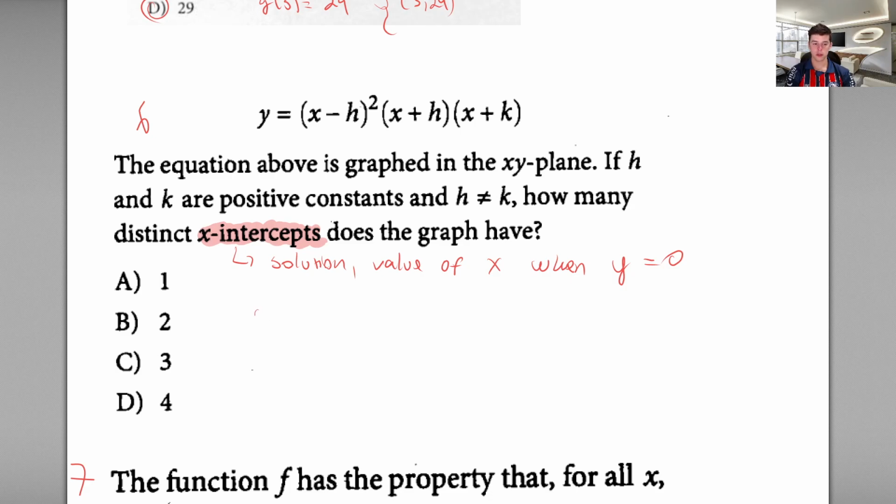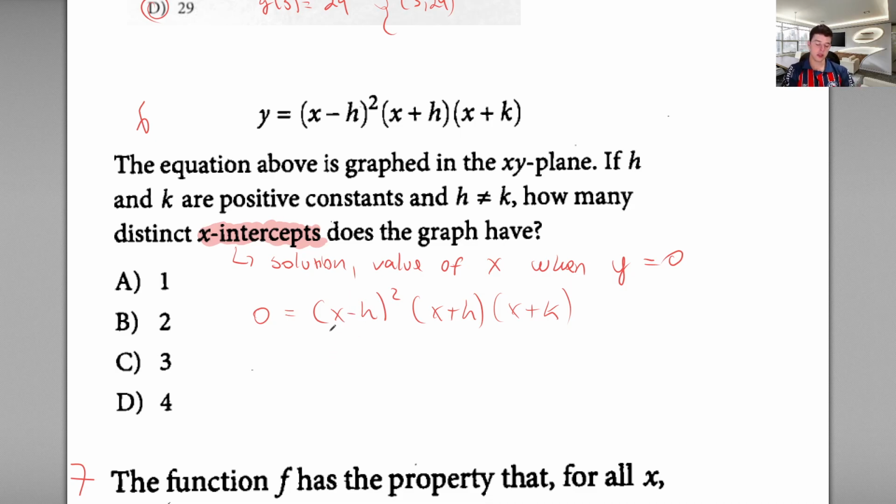So let's substitute it. 0 equals (x minus h) squared times (x plus h) times (x plus k). So if you've done my intensive course, you know to not be afraid of letters. Letters are just numbers that have not been assigned yet, okay?